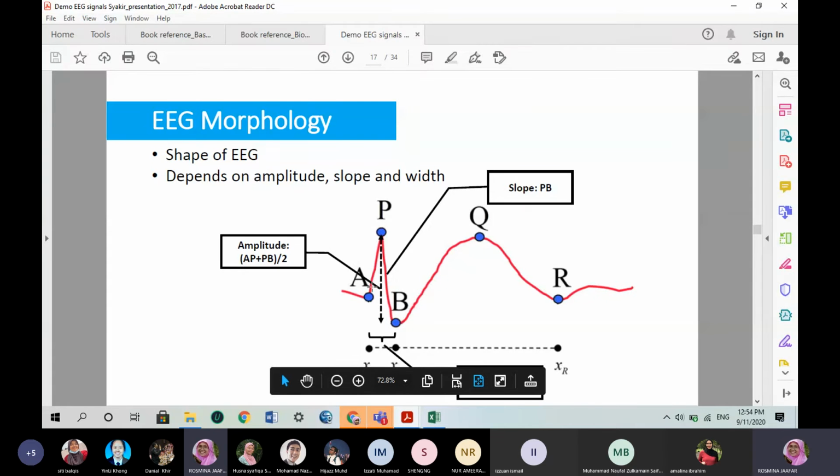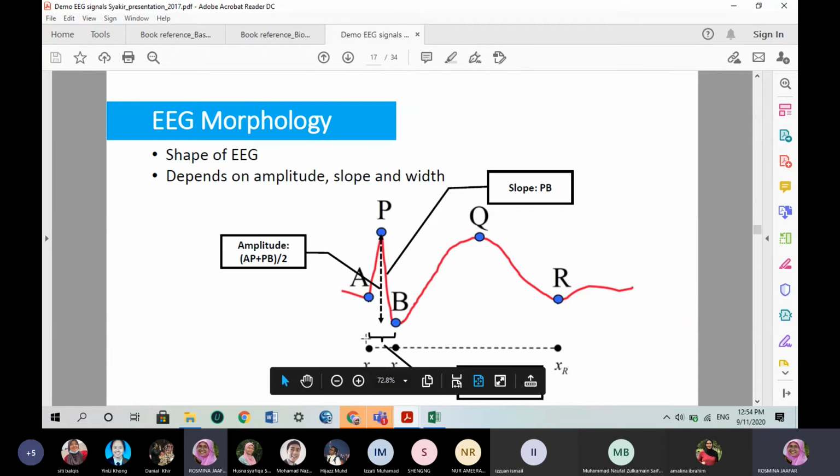Knowing that this is the feature of an epileptiform, he has to identify the spike and so on. What is the signal characteristic? For example, he labels A at this point, P the peak point, B when it goes down, C the waveform going up, and then the R wave, and then the signal dies.